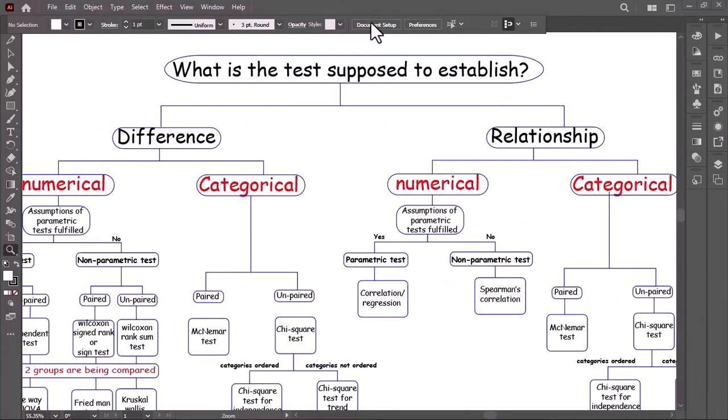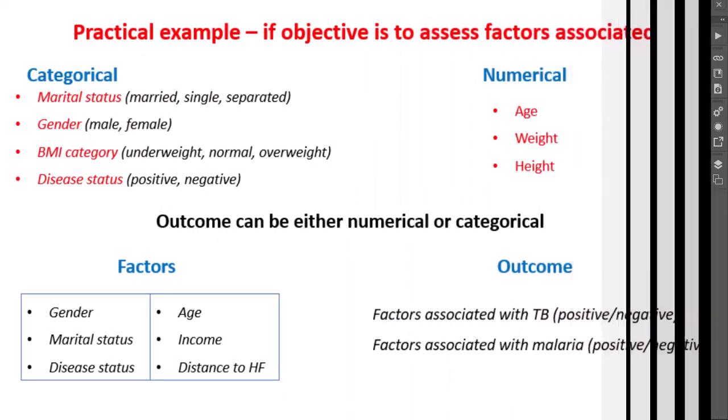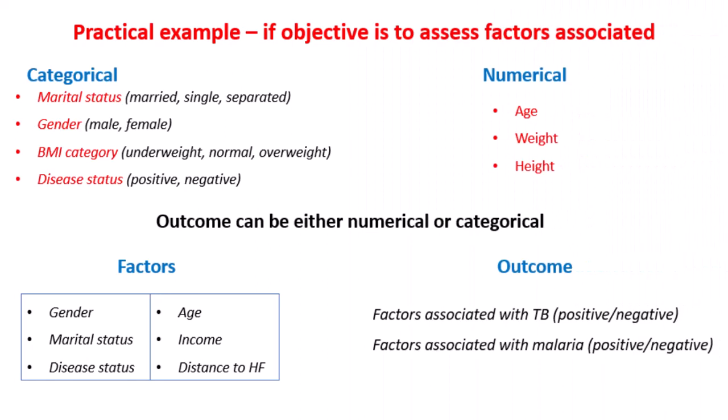To help us understand these two concepts very well, I'm going to use an example which is very common with many researchers. Most times, many people are looking for factors associated with a certain outcome as their specific objective or research question.